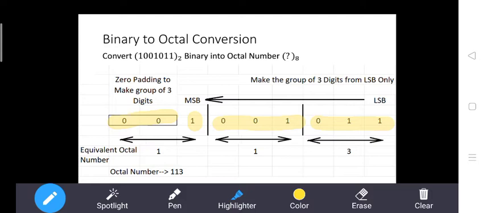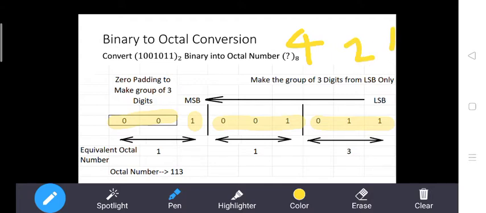So I get perfect 3 groups. Then I write the equivalent octal number for each binary code, using the same previous 4 2 1 method.